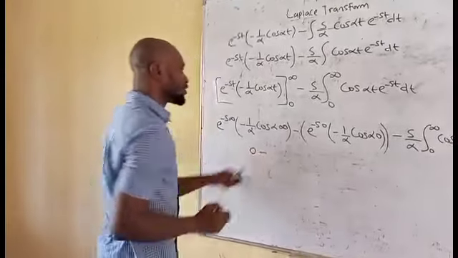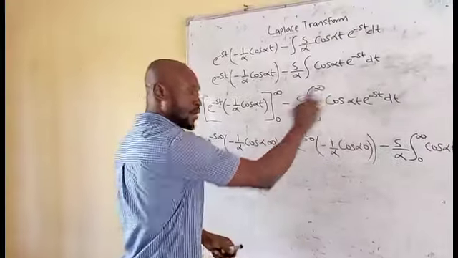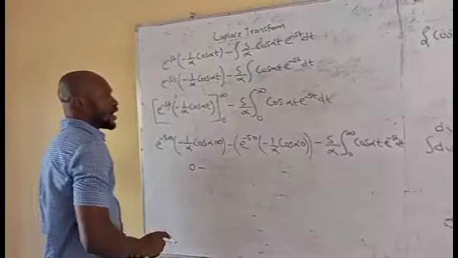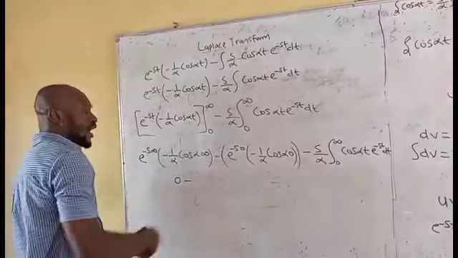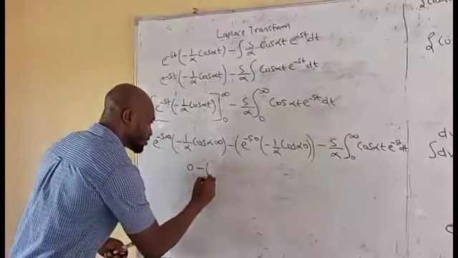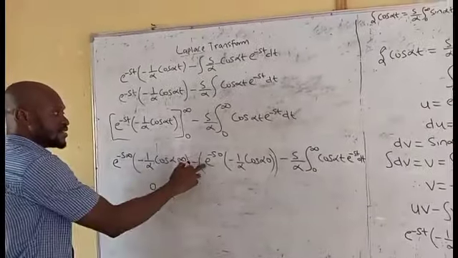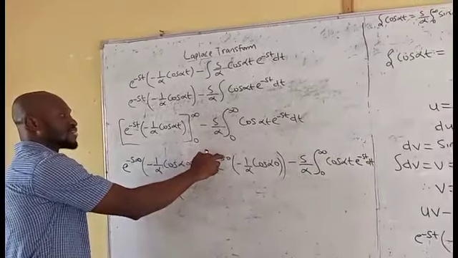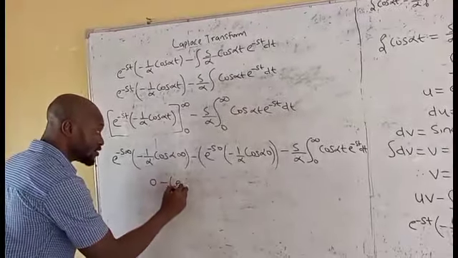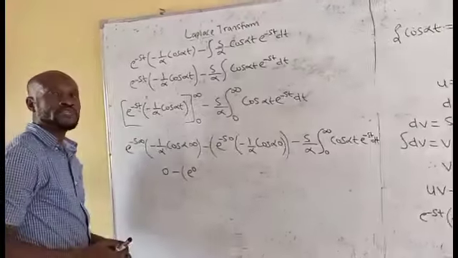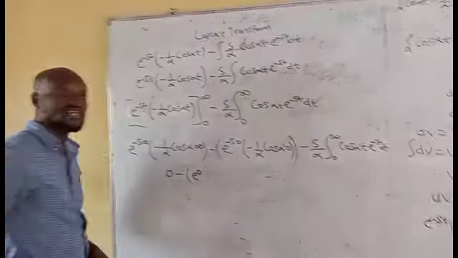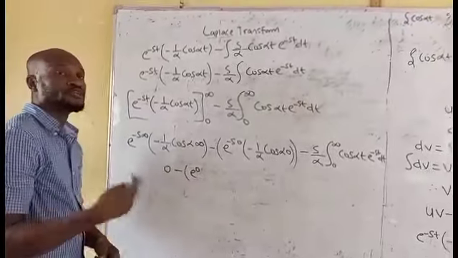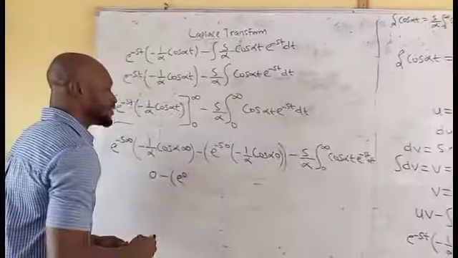Then I move to the lower limit. Now I have my lower limit bracket, e raised to the power of minus s times 0 gives you e raised to the power of 0, because 0 times minus s will give you 0.